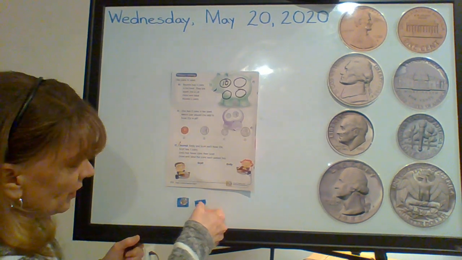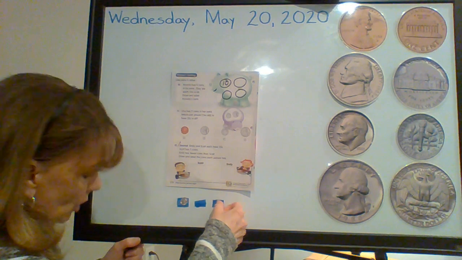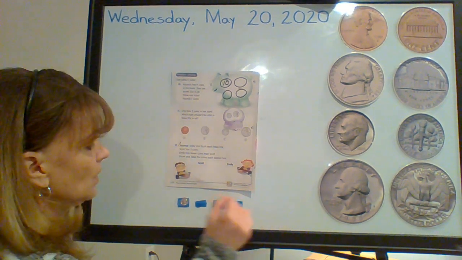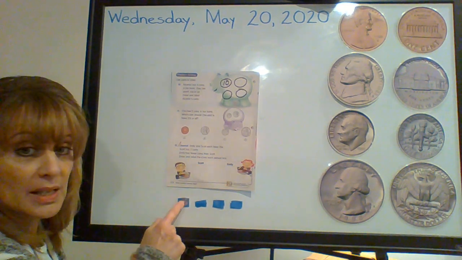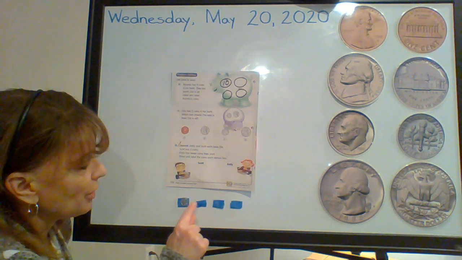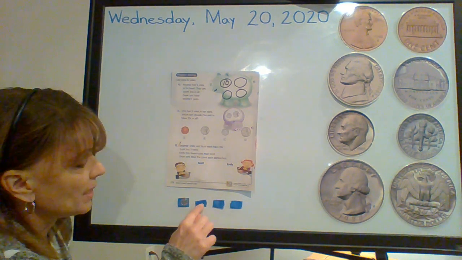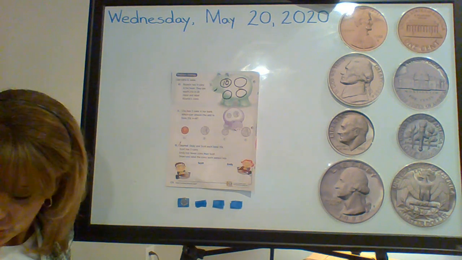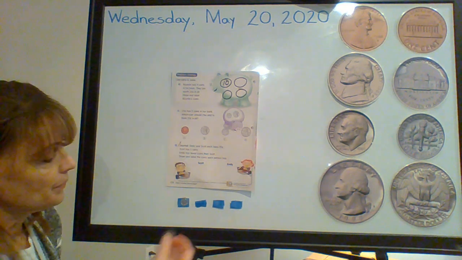Now I have 3 other coins I can use. I'm using a dime, that's 10. If I use another dime, that would be 20, then I'm not going to have 4. So do you think I could use a nickel?